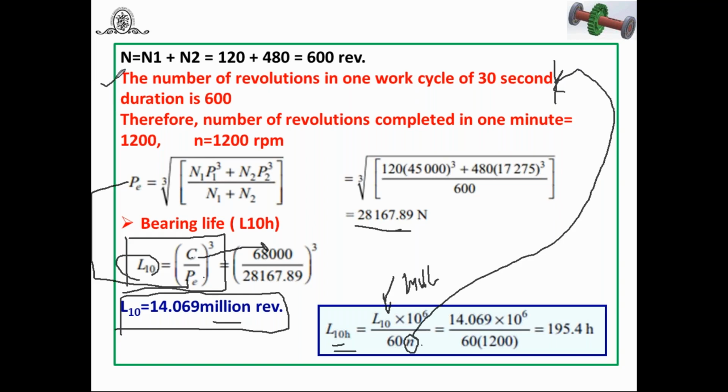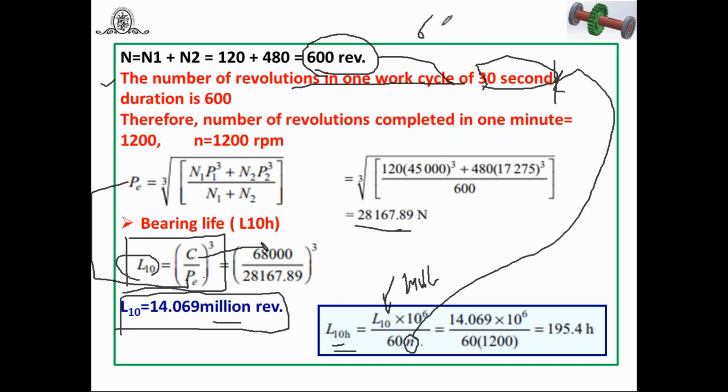Now in this problem, the number of revolutions in one work cycle is how much? 30 seconds. And for these 30 seconds, we have calculated the number of revolutions as 600. Try to understand. This complete work cycle of 30 seconds has 600 revolutions.